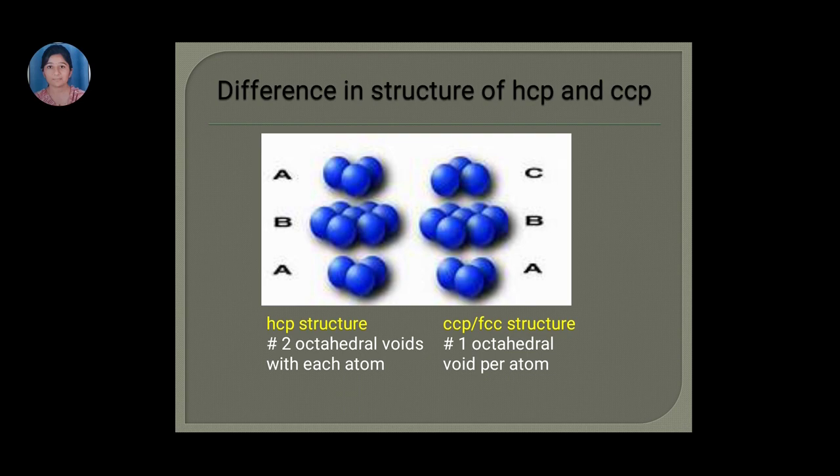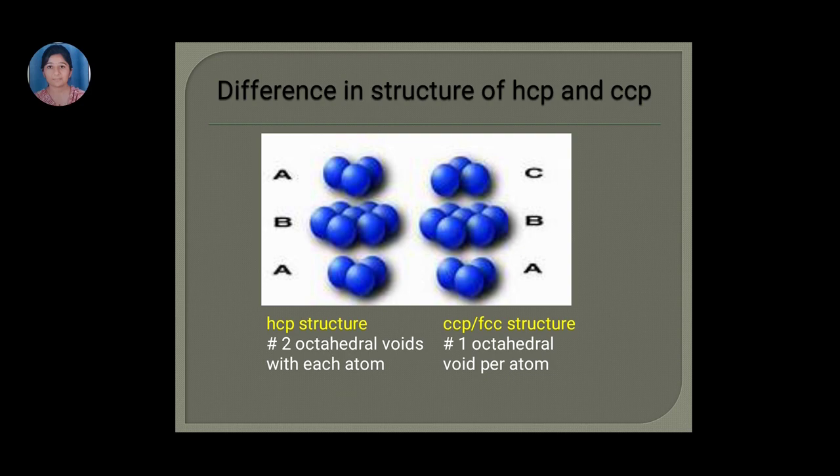Each atom is associated with two octahedral voids, while in the CCP layer there is one octahedral void per atom. That means there is just one octahedral void for each atom. So HCP has two octahedral voids per atom, while CCP has the half void per atom, right?